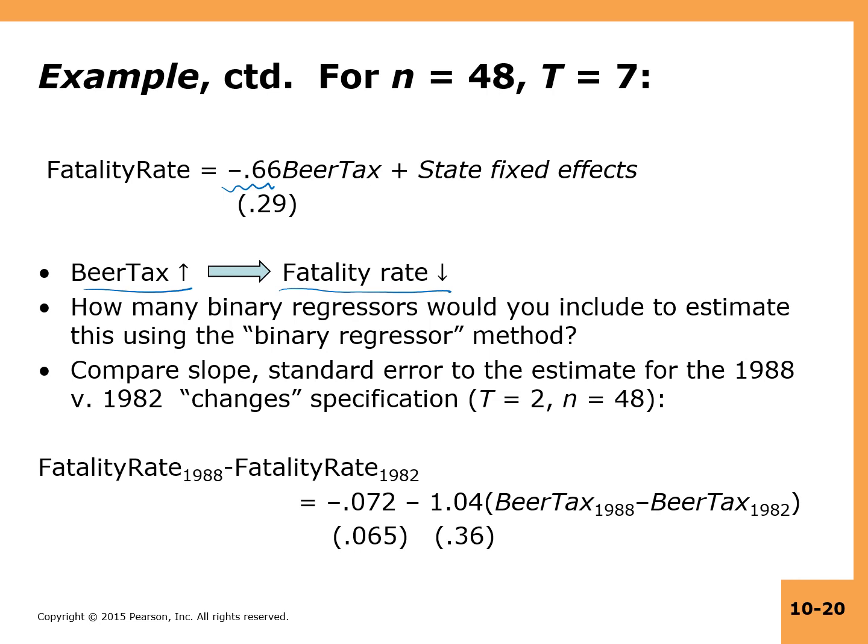In order to measure the state fixed effects, because there are 48 states, we would have had to create 47 dummy variables or binary regressors. So it would have taken much longer to create 47 dummy variables.